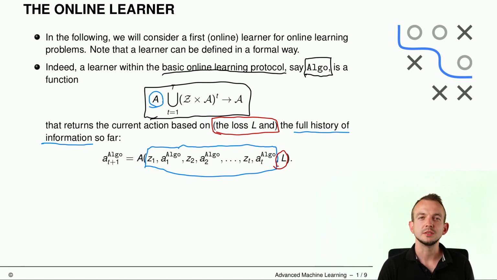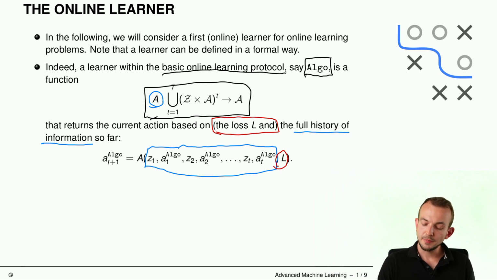The loss is essentially connected to our performance measure, the cumulative regret. So it's reasonable that the choice mechanism of any suitable algorithm also depends on the loss.